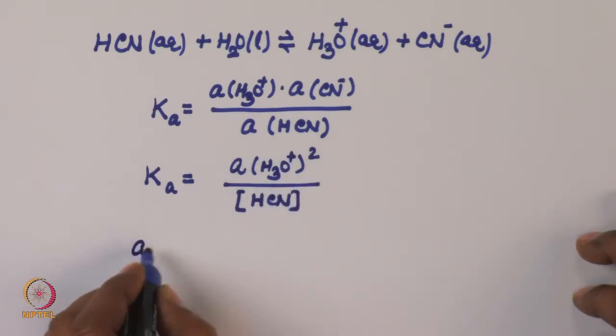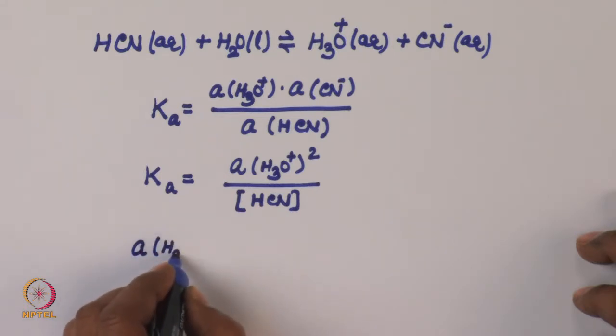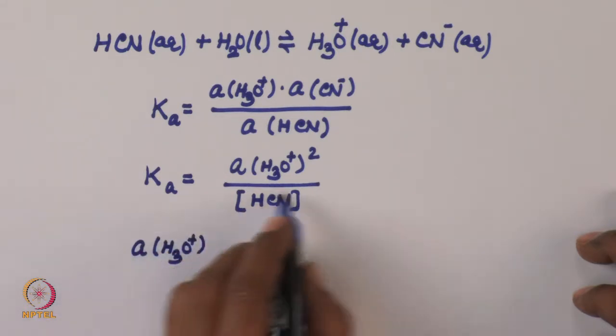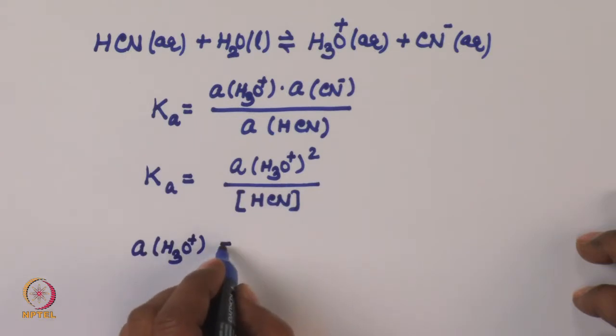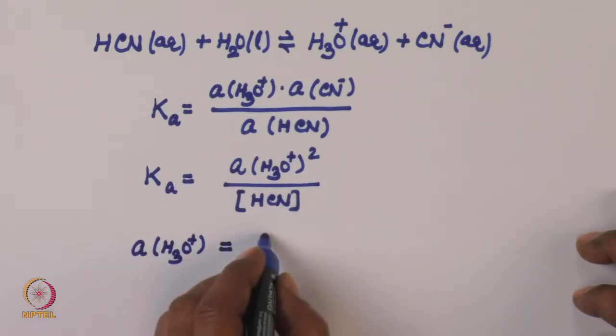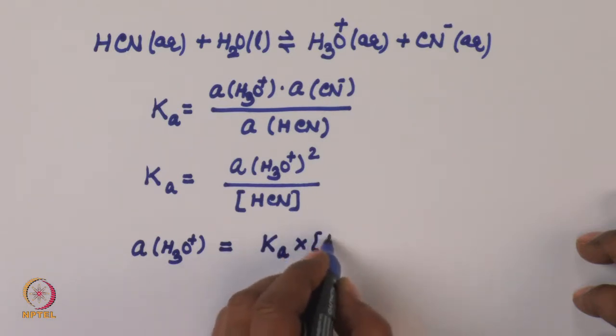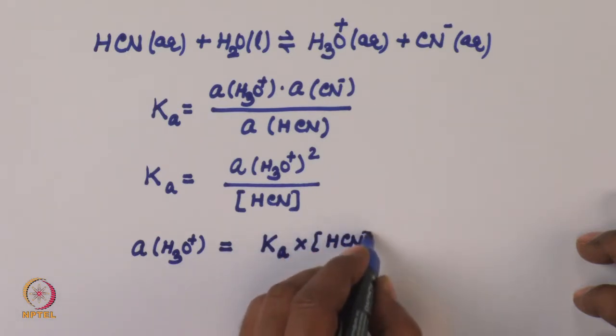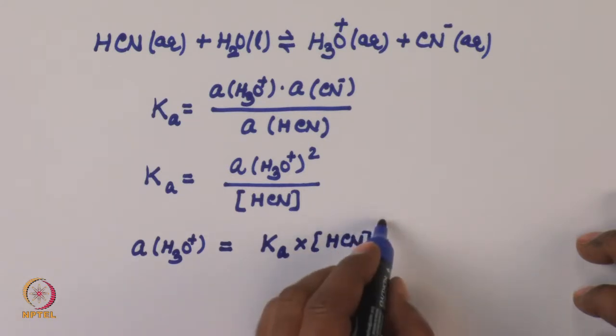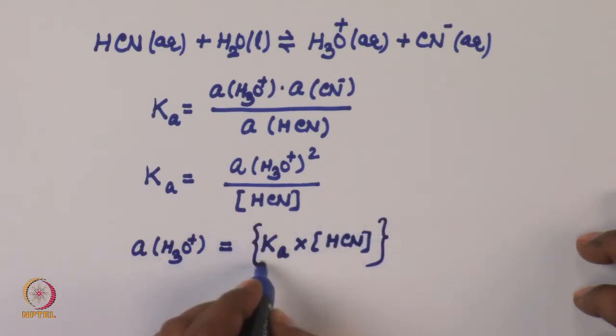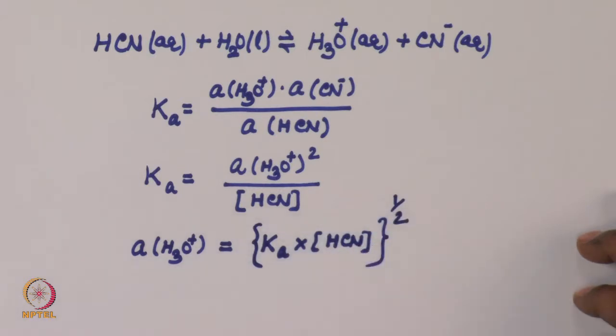Therefore, the activity of H3O plus, if I rearrange this, is going to be Ka into the concentration of HCN, whole raised to the power 1/2.